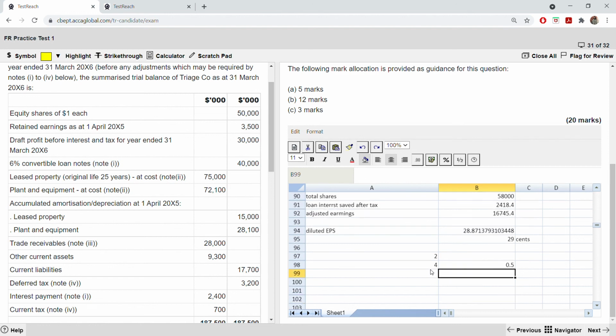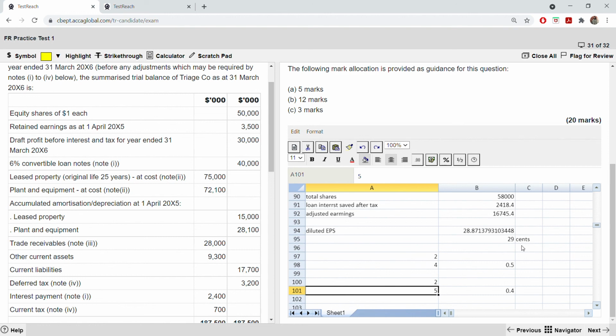Now let us change this: top part is the same, we'll change the 4 to 5. It increased by 1 more. So now 2 divided by 5. You see, from 0.5 it went to 0.4. Why? This just increased by 1, from 4 to 5. It is diluting, right? So that's what's happening with your diluted EPS, right?